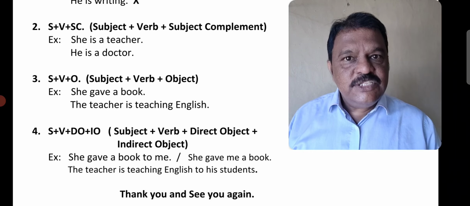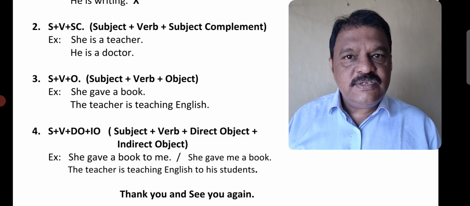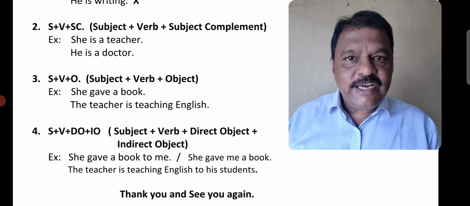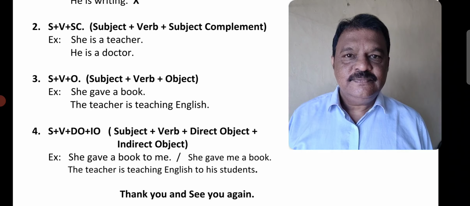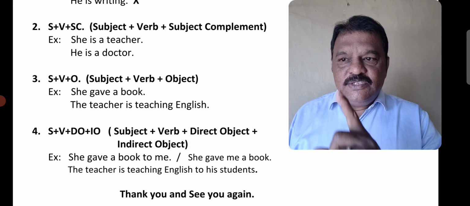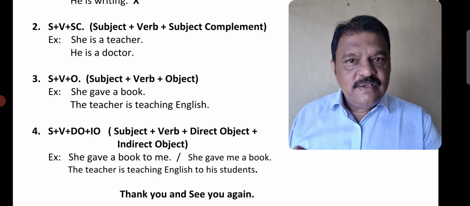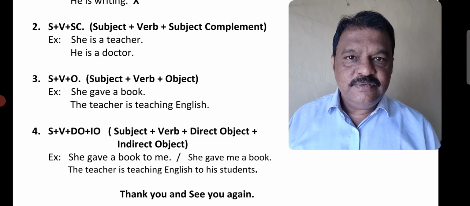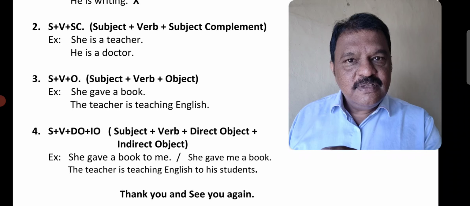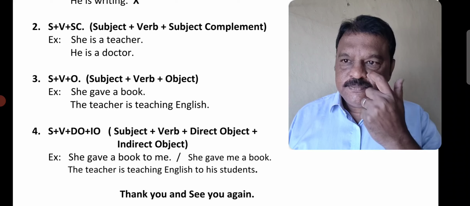If you get an answer for this question what, then that answer will be the direct object. Now let's check in the first example. Subject is she, gave is the verb, right? Take the help of subject and verb and ask the question what.